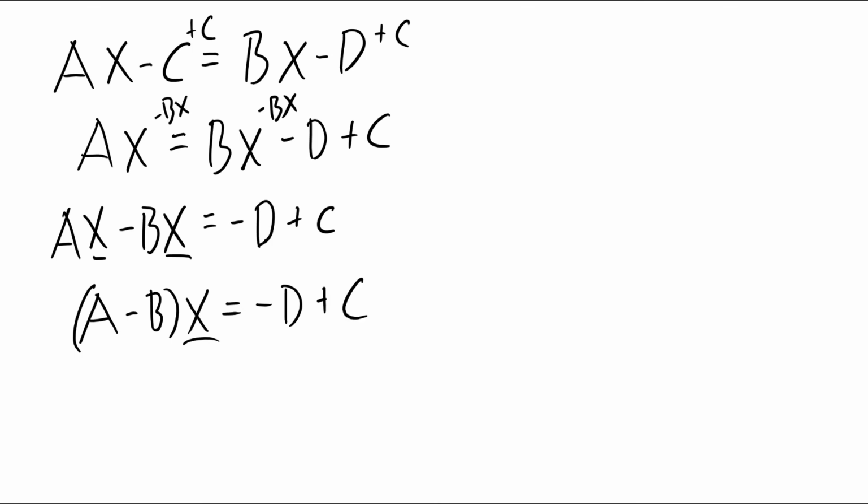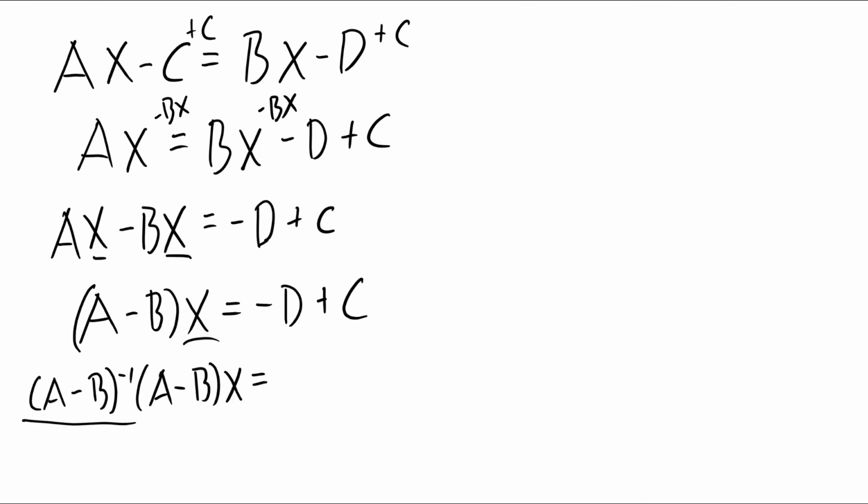And our last step is going to be multiplying both sides of the equation by the inverse of a minus b. So we'll do a minus b inverse times a minus b x equals, and again, we need to multiply things in the same order.